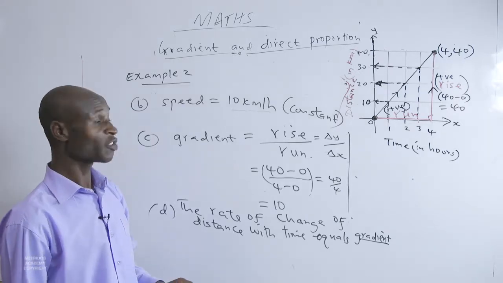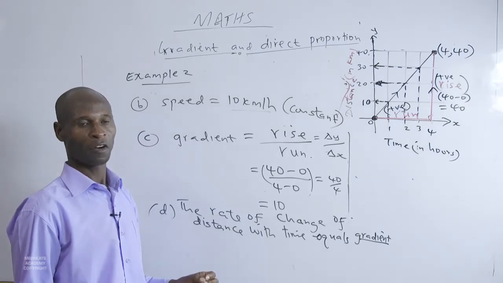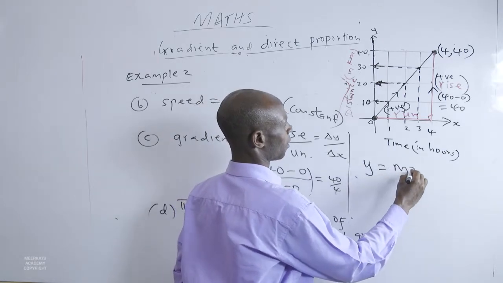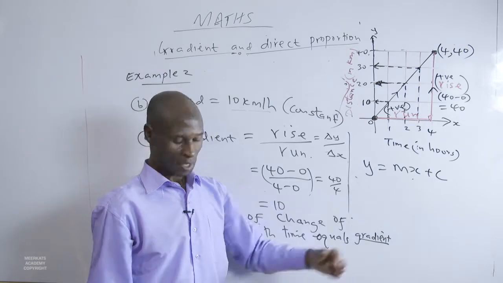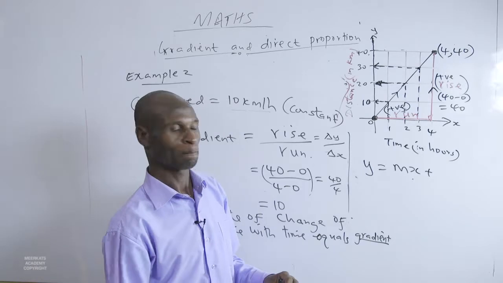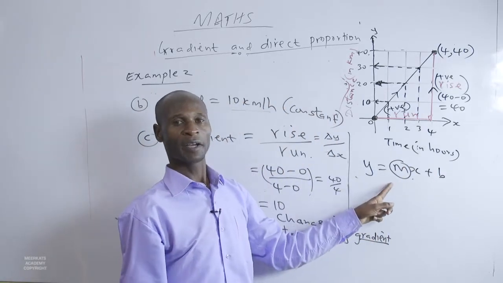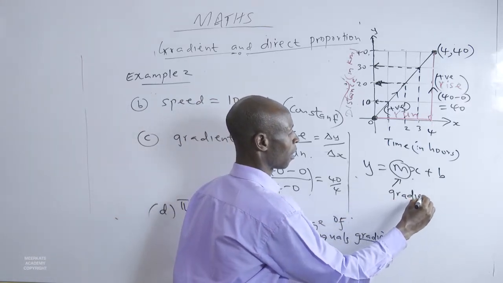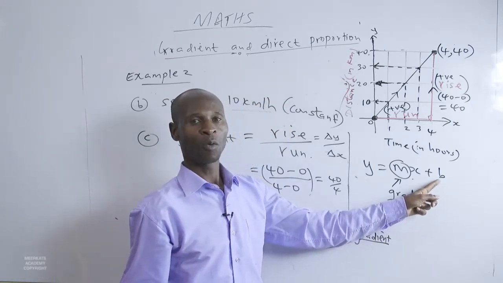Now, for any straight line, the general equation of a straight line is normally y is equal to mx plus c. But in this case, we can use another letter like b. M here implies gradient, and b stands for y-intercept.